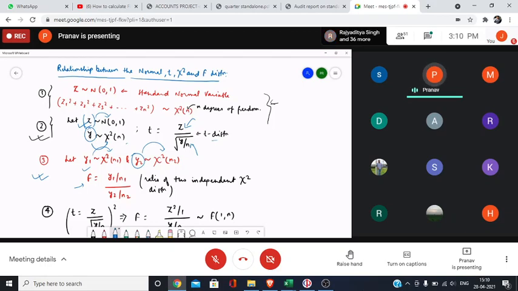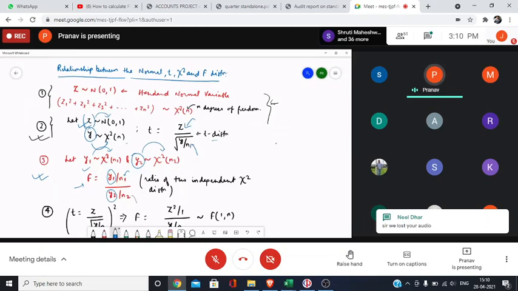When you divide, a variation is nothing but squared values of the deviation. y1 has a degree of freedom n1 and y2 has a degree of freedom n2.